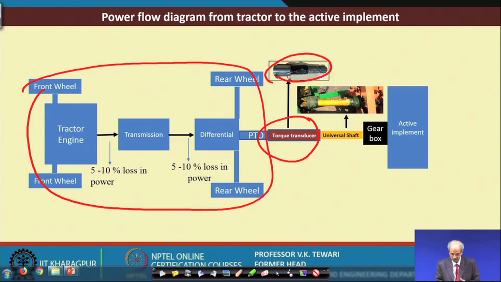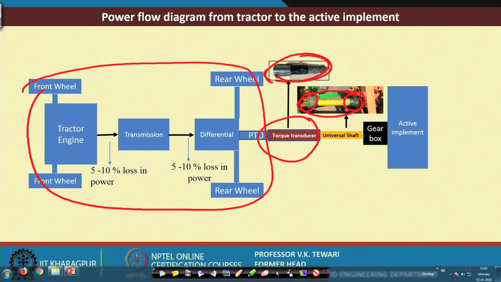So, you can see here the arrangement. There is a universal joint, universal shaft, which is shown over here. This is the universal shaft with the hooks joint connected on both sides, and this is the extended PTO axle, because the existing axle does not have enough space for fitting of the strain gauges.